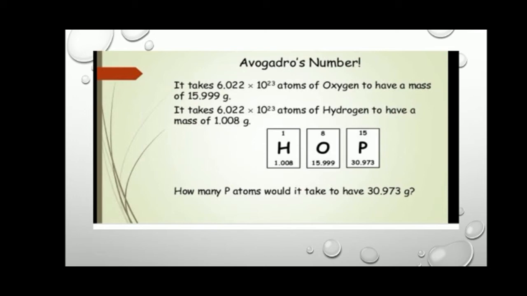Same for the elements here, oxygen and phosphorus. If I ask how many phosphorus atoms would it take to have 30.973 grams, which is the atomic mass of phosphorus, I think students are able to answer now that 30.973 grams of phosphorus will contain exactly 6.022 multiply 10 to the power 23 atoms of phosphorus.